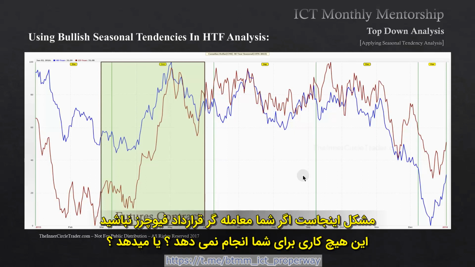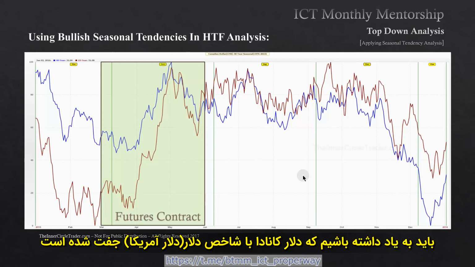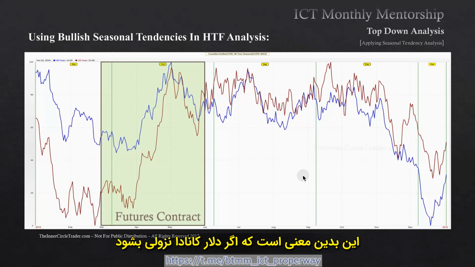Problem is, if you're not a futures contract trader, this doesn't do anything for you, or does it? If we are trading foreign exchange, we have to remember that the Canadian dollar is paired with the dollar index. Now, the dollar index is the first in the pair's name, so that means if we're bearish on Canadian dollar, the US CAD is going to go up.